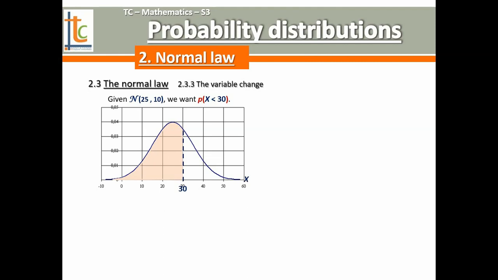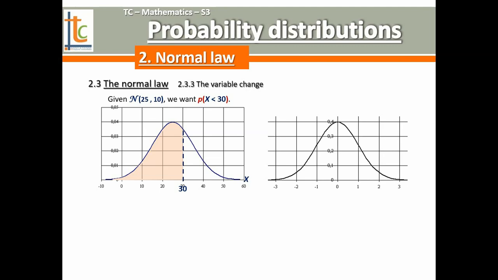And we obviously don't know the value of this probability only by looking at the graph. So one first possibility is to translate this problem into the standard normal law, for which we've got a table of values of probability. The second method consists in using the normal law tool of the calculator and getting a direct result without any other tools.